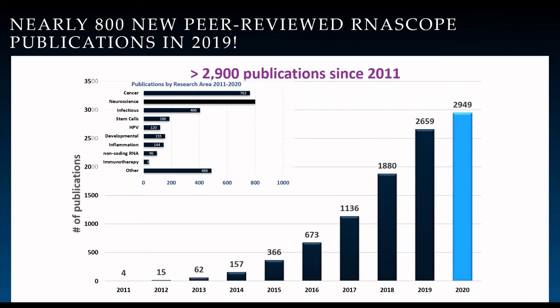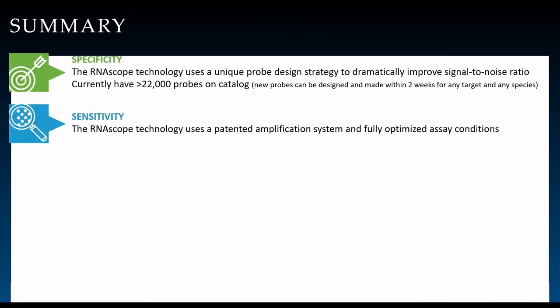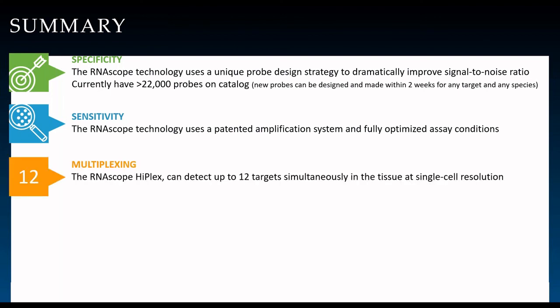So in summary, our assays are highly specific, will give you very high signal to noise ratio. We have high degree of sensitivity ensured by our probe design and amplification strategy. We allow for multiplexing, where currently you can visualize 12 targets simultaneously in our fresh and fixed frozen samples and up to 4 targets simultaneously in our FFPE tissues.